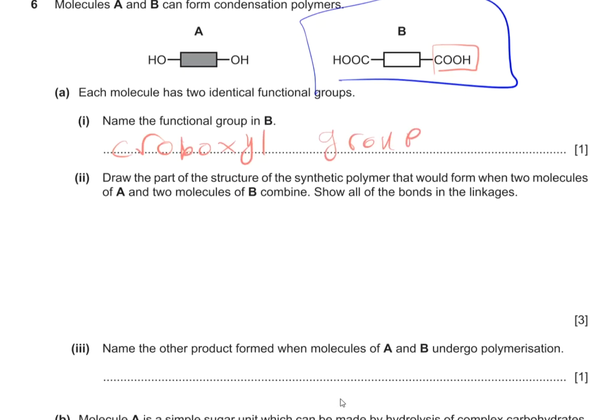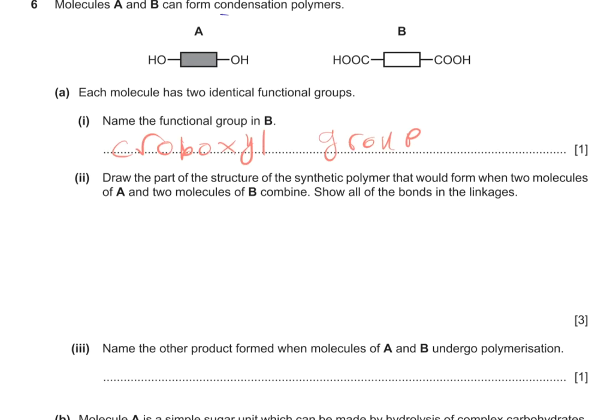Now draw the part of the structure of the synthetic polymer that would form when two molecules of A and two molecules of B combine. Show all the bonds and the linkage. So let's start by seeing what happens in this reaction.